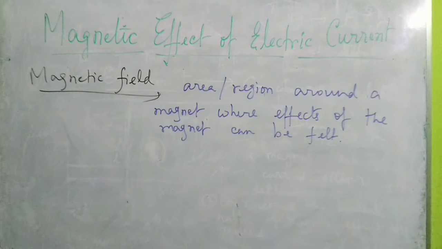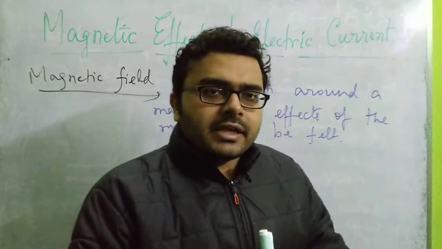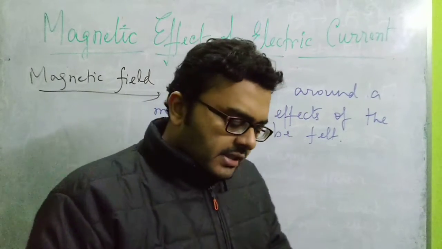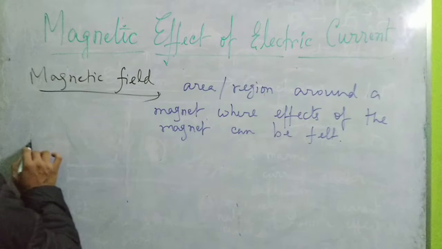Okay, now there are some lines which actually help us to indicate the magnetic field around a magnet. So what are actually magnetic field lines? The next thing that we will be discussing is magnetic field lines.